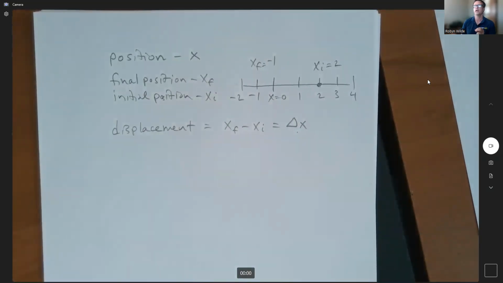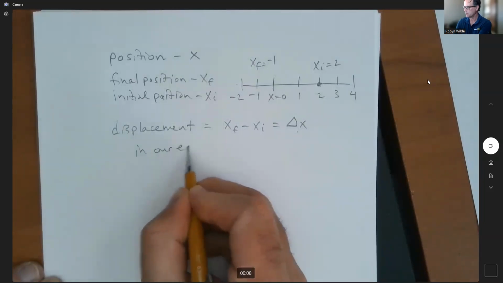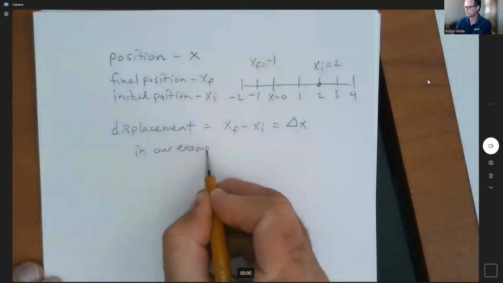And one thing I do want to point out is that displacement is a vector quantity, right? When you're dealing with just one-dimensional motion, you only really have two directions. You have either right or left, or positive or negative. So in our example, the displacement is actually negative, right?